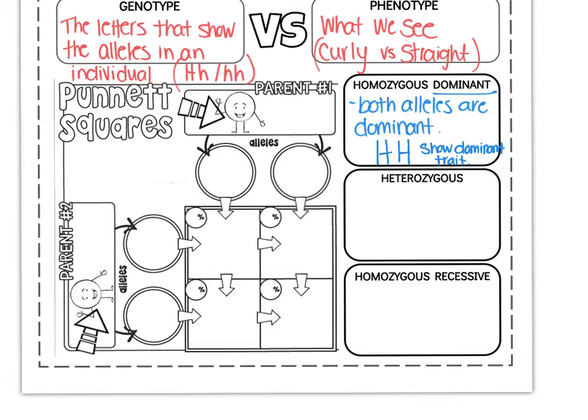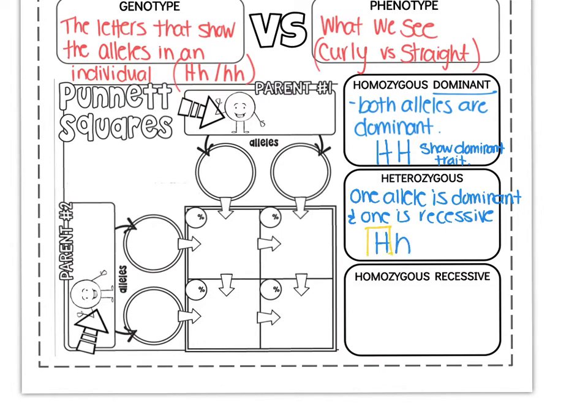Heterozygous means that one allele is dominant and one allele is recessive. So what this would look like is big H and little h.